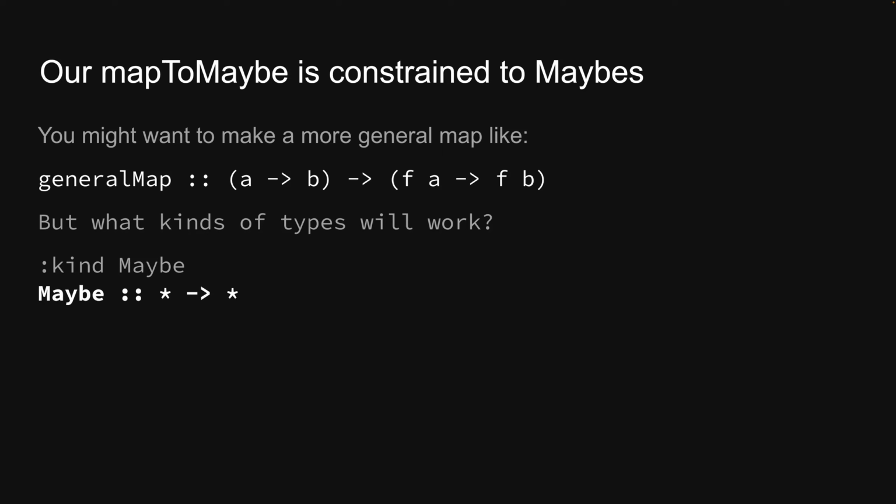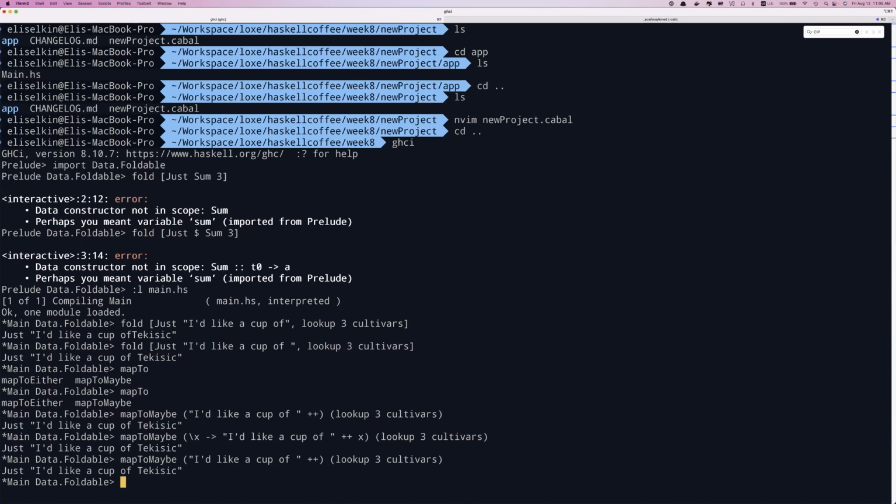It's a type class that is a constructor that takes one argument and returns some star. So if you had a maybe string, so if you did kind of maybe string, you might get out kind.